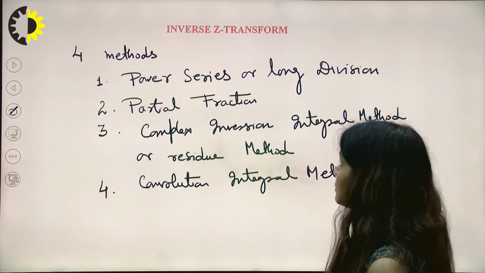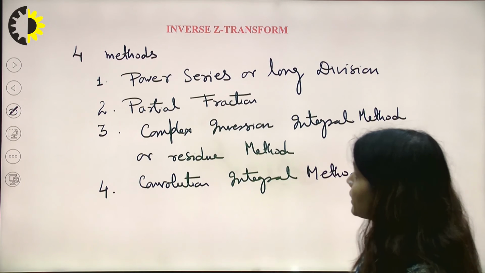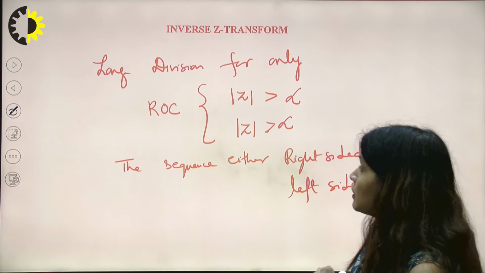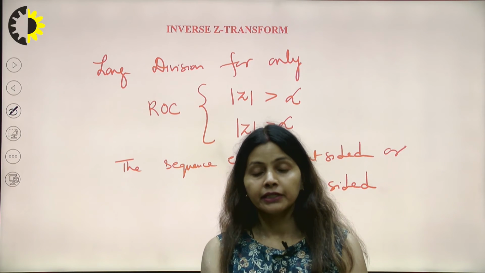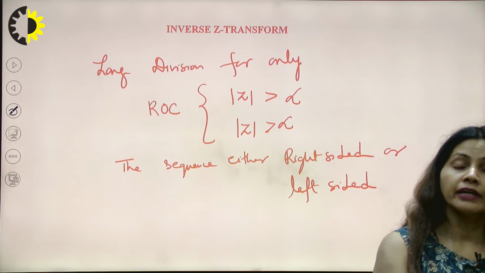Now the 4 methods which we are using, let us discuss these methods. The long division method, as I told, is a simple method and we can convert the function in numerator and denominator.